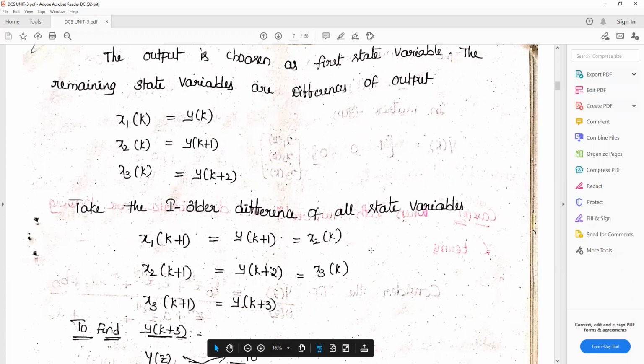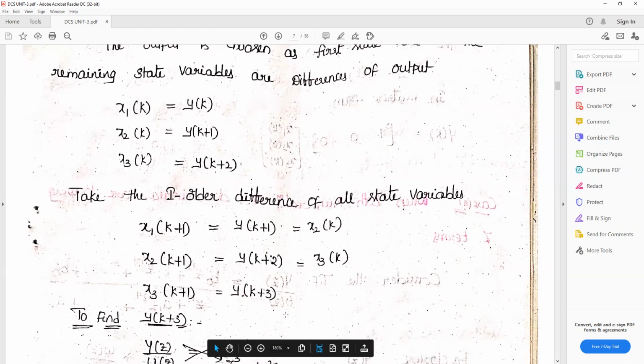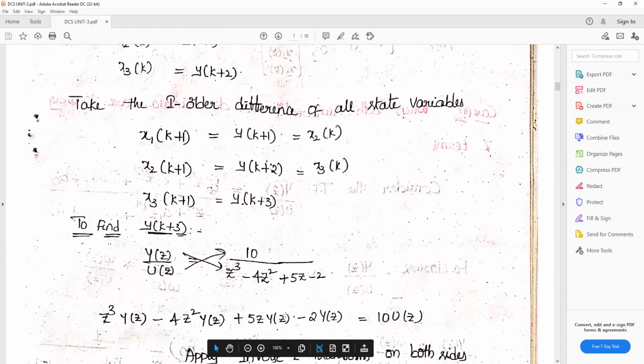Y of k plus 1 is equal to x2 of k, y of k plus 2 is equal to x3 of k, and now we first find y of k plus 3.